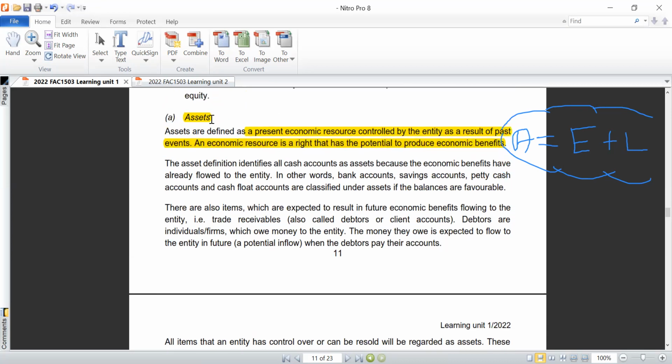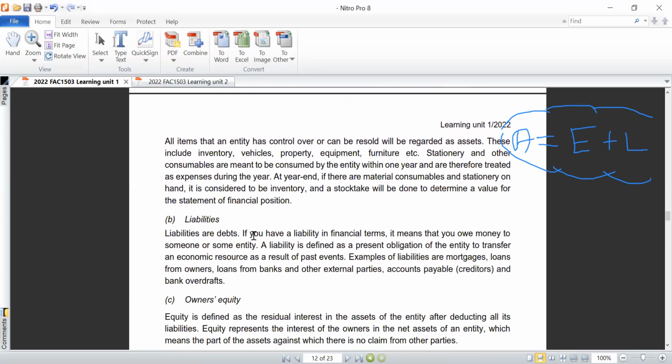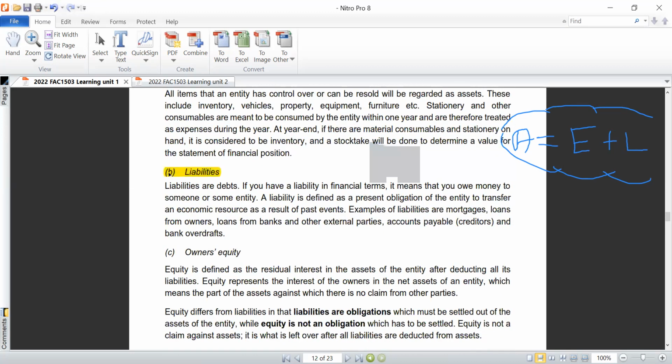Then a liability is another element. A liability is basically debts that the organization has: a present obligation of the entity to transfer an economic resource as a result of past events. So a liability results in an outflow of economic resources, but because of what happened in the past, which generated a present obligation.